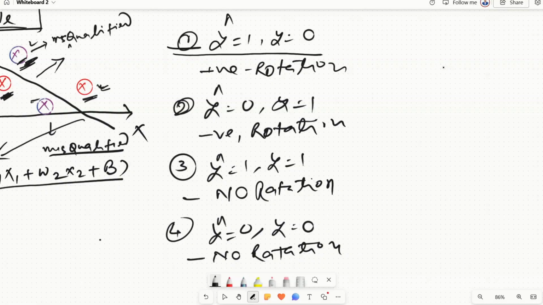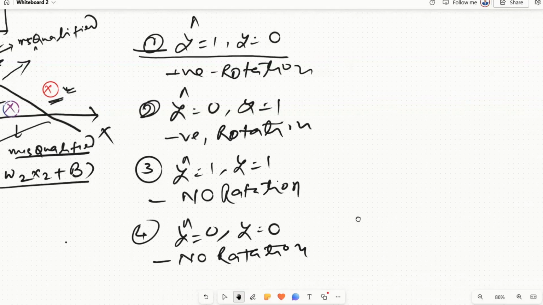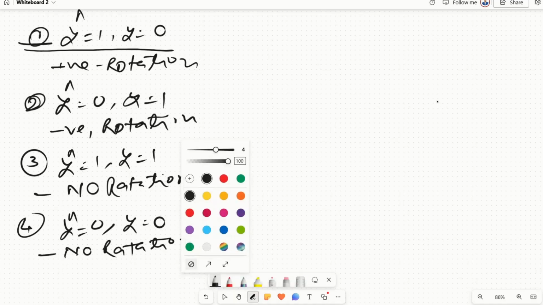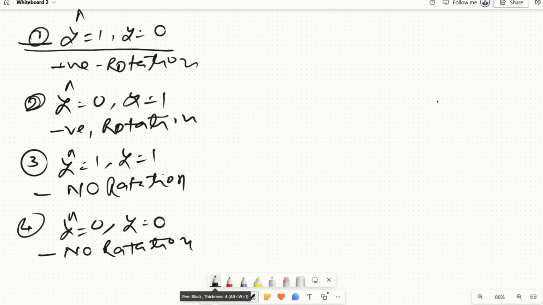Okay, and in my previous video I also discussed that, let's suppose I have established these 4 cases, right? We also learned in the previous video that if the rotation happens in the positive direction, I mean in the upward direction, or in the downward direction, then there is some update happening.